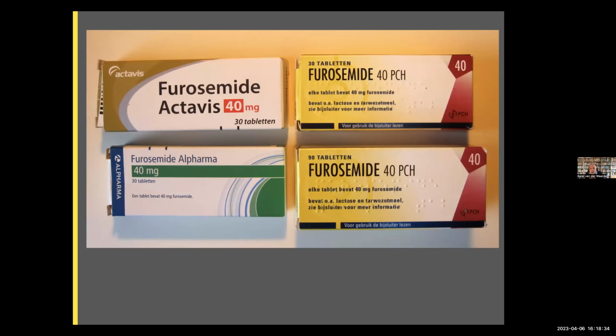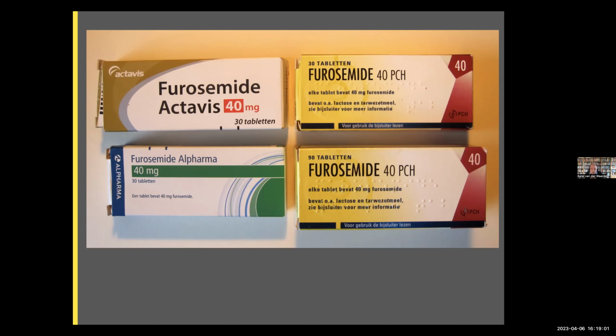When a patient uses a medicine like furosemide for a longer time, it is likely that within a year, 2 years, the pharmacist provides a different packaging and different boxes. These are 4 boxes of exactly the same medicine. But if a patient gets these different types of boxes, and different types of information in the leaflets in there, they get confused.